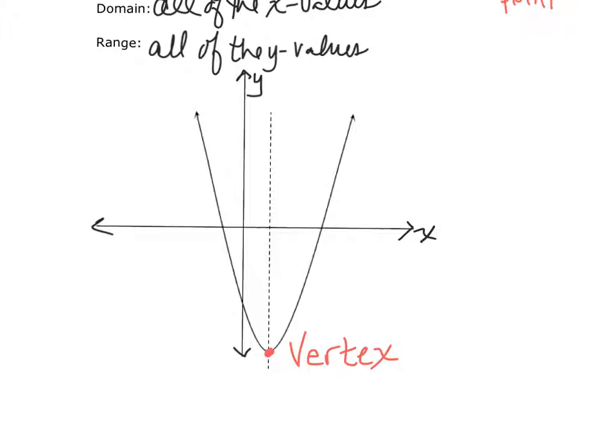All right, the vertex. The vertex is located at a coordinate point. I'm going to call this point XY because I'm not sure exactly where my example vertex is.